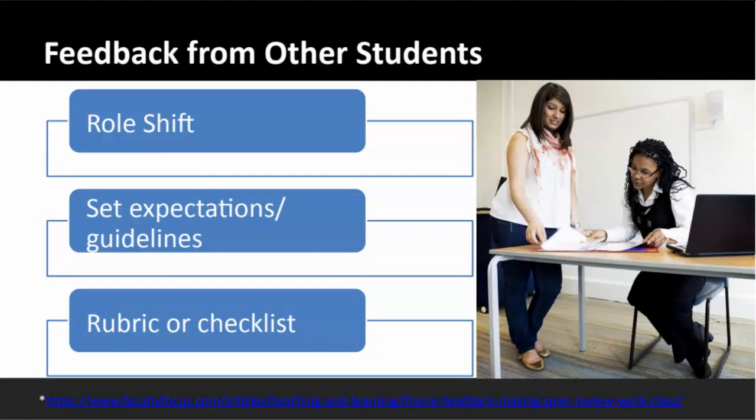Students are sensitive that they want to have good relationships with their peers, so you want to set that up so that they understand they should be giving meaningful suggestions, but not negative types of feedback. And usually when I do that, I'll have smaller groups, and then they get used to each other.